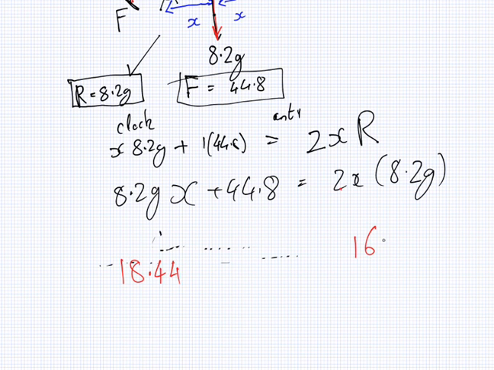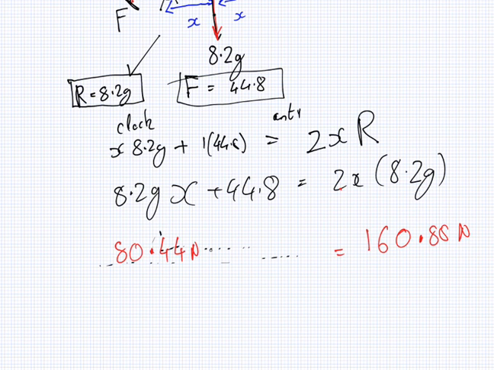Wait, hang on, sorry. Let's just, Saeed, firstly, what did you get here? 80.44 newtons, and multiplied by 2 it's 160.88 newtons. Yeah, for this piece here. Okay, good. Thank you.